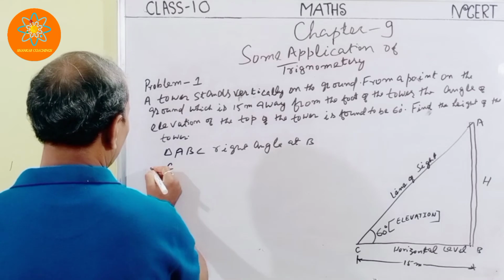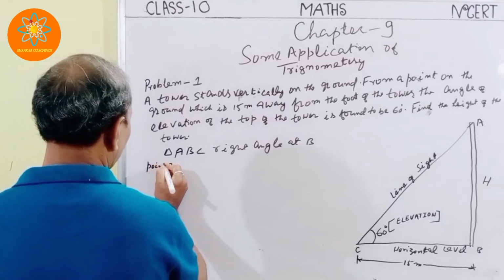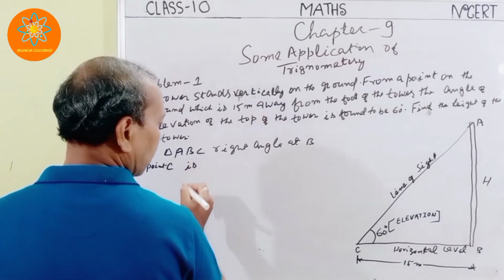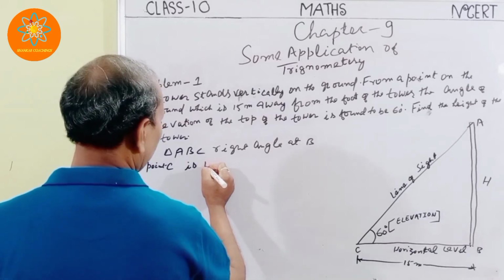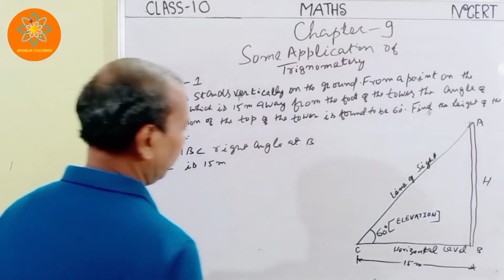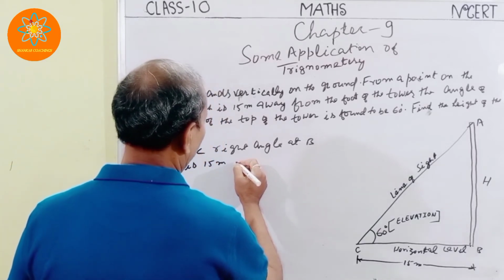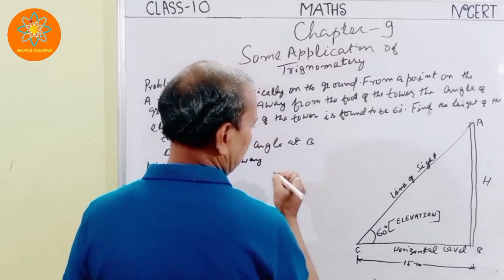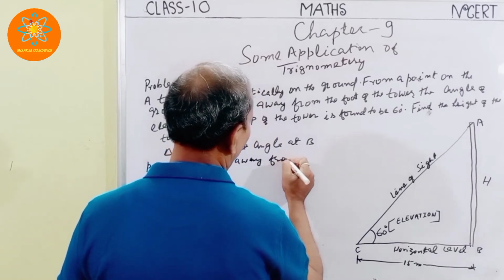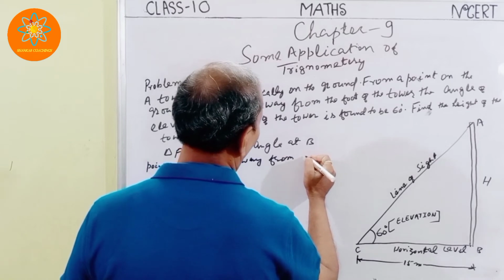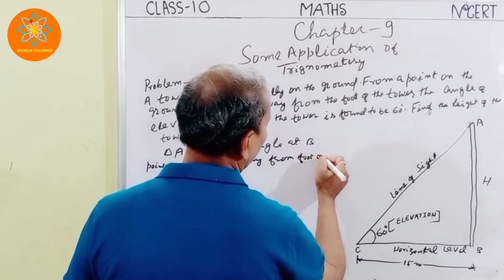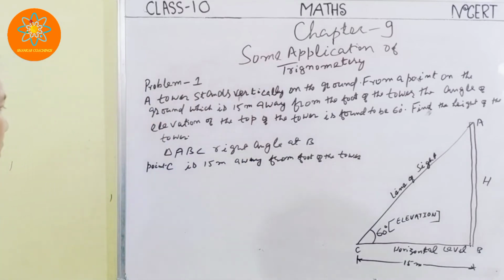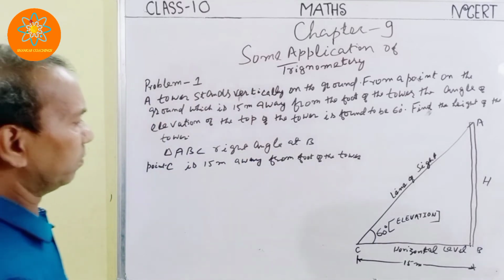So point C is 15 meter away from the foot of the tower.